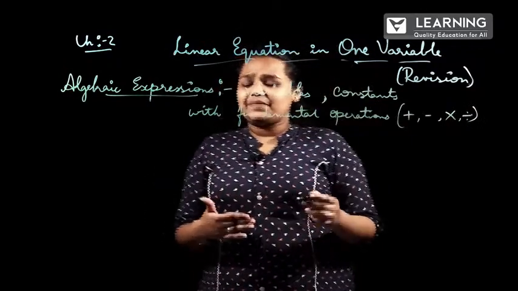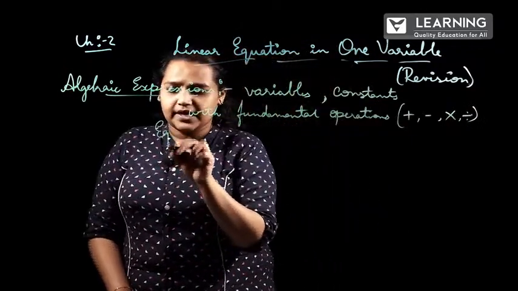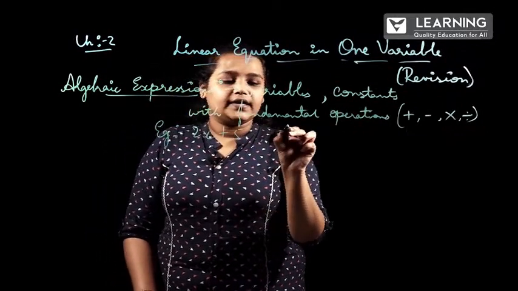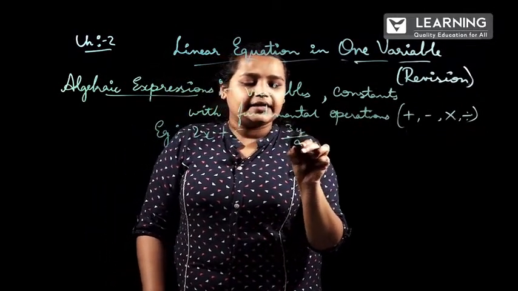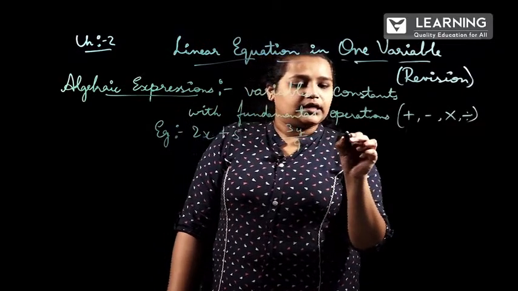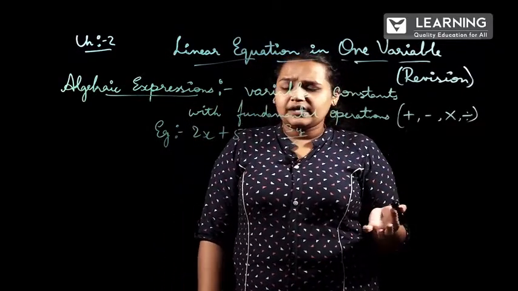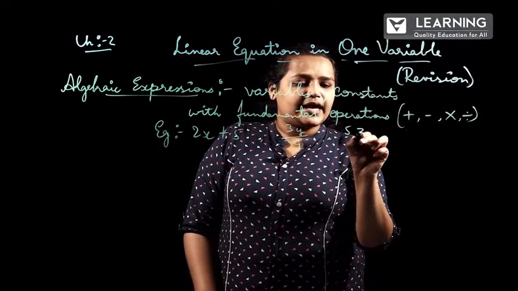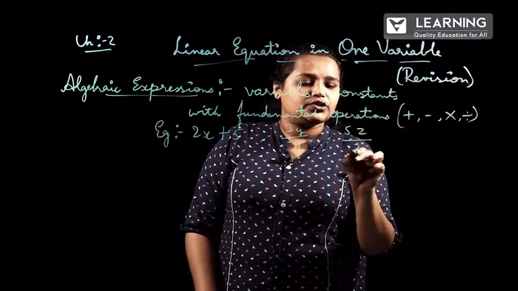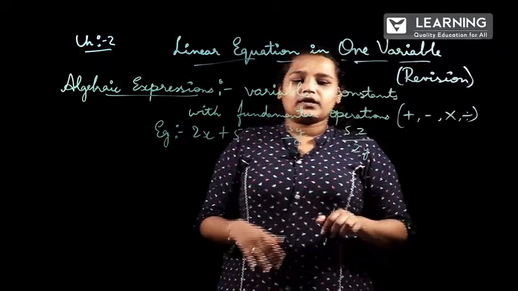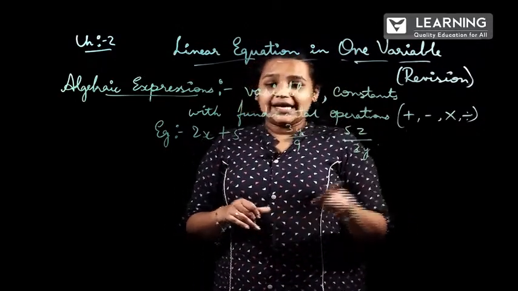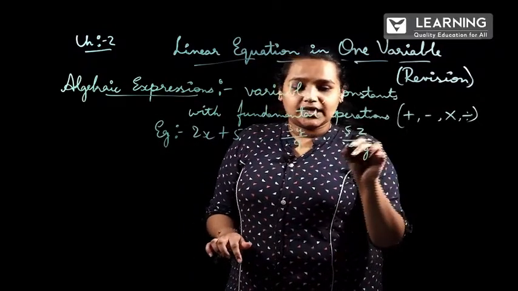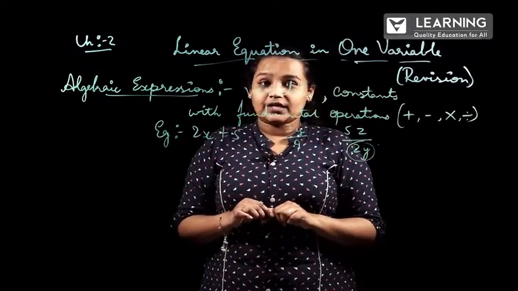So let me give some examples. Example here is 2x plus 5, 3y by 9, or one more example, can anyone give? You can just comment it. Well, 5z by 2y. So here in these examples, there is one variable, but here it is two variables, right?